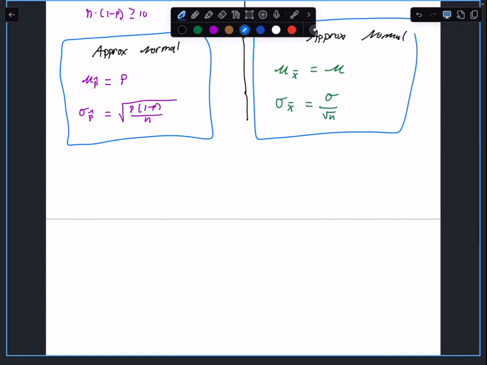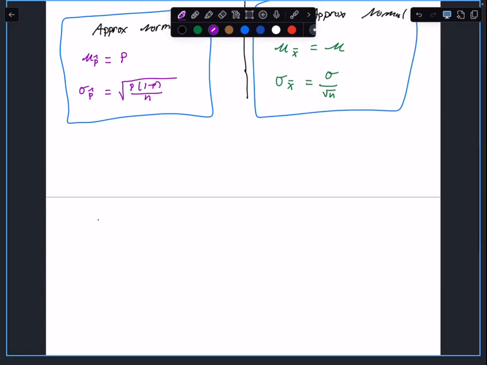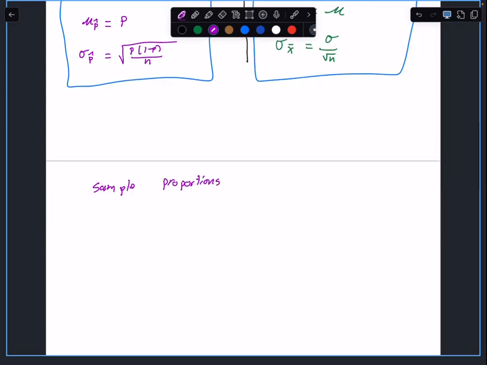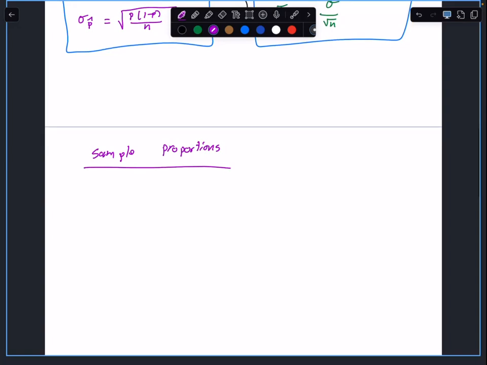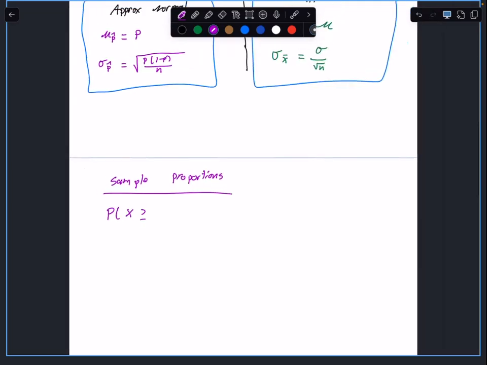Now, with sample proportions, typically what's going to happen is you're going to be given a question where you want to find the probability that X is greater than or equal to some value.